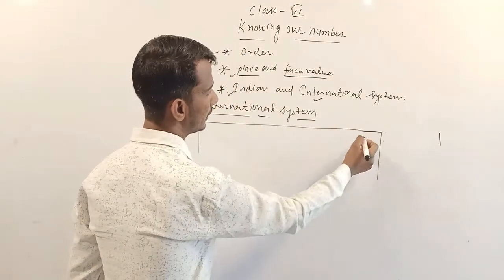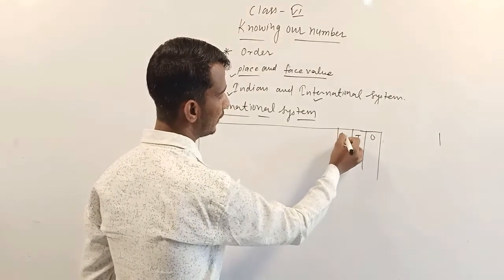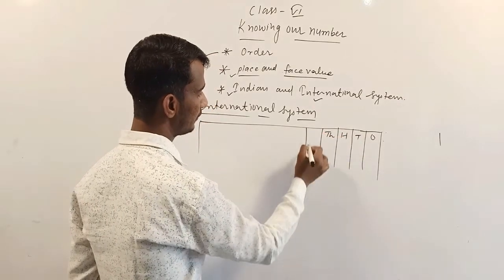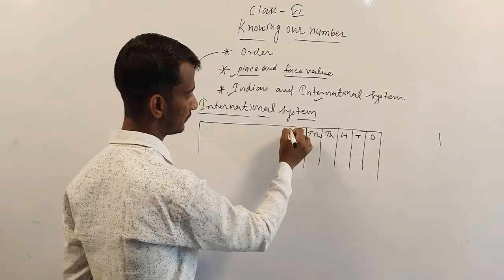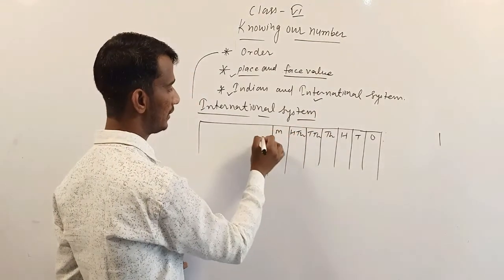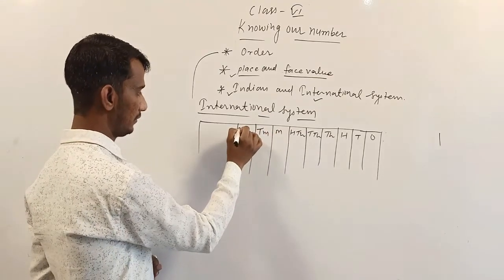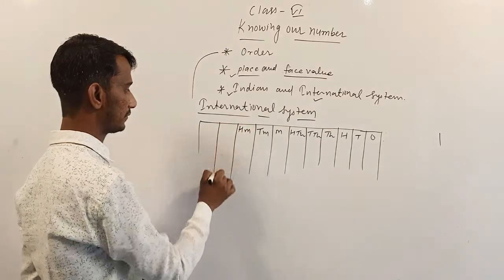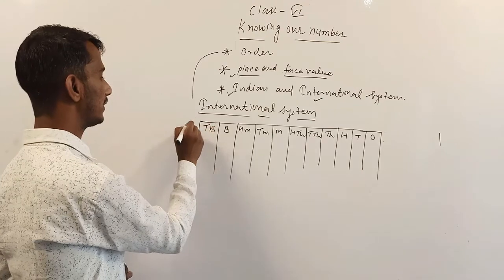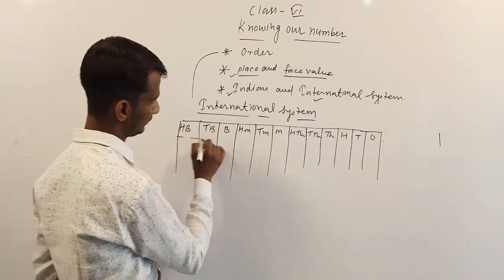Ones, tens, 100, 1000, 10,000, 100,000, million, 10 million, 100 million, billion, 10 billion, and last 100 billion.